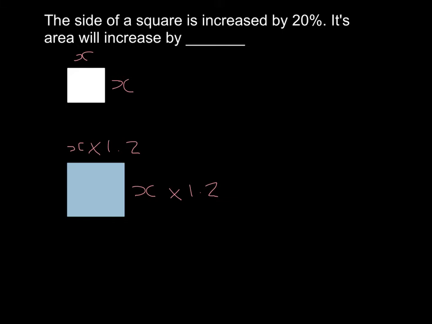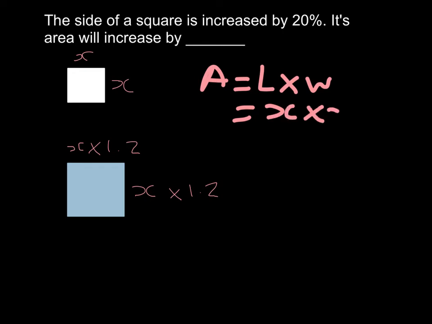I can now try and work out the areas of each square to work out what the difference between them is, and that will tell me how much it increased by. If I look at the first square and know that area equals length times width, I'll have area being x multiplied by x, or x squared.